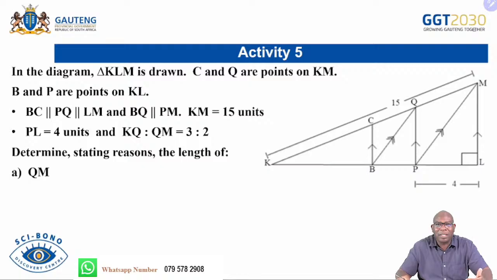You just look at the triangle that you're going to be working with. So if I've got this triangle, I just look at the triangle. I see PQ and BC will work in triangle KQP. Can you see? There we have the triangle. Okay, so we have those two lines that are parallel.